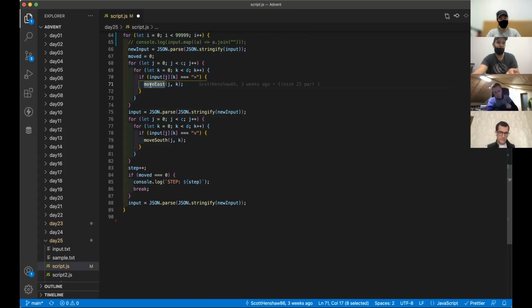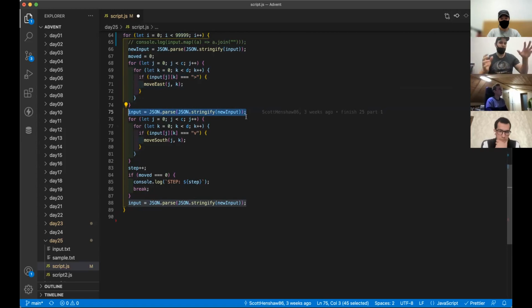If so, he moves. Then I make another copy of my array. So now my new input is the current one that has all of the migrated sea cucumbers, and I reset my input to be my new input. That's essentially my way of dealing with the different states to keep everything going simultaneously. I create a copy, I move everything in that copy, and then I switch the copy with the original and move everything again. And so, yeah, I do the same thing with all of my south-facing dudes, my southeast.